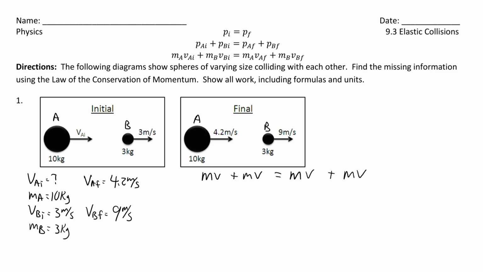And now we want to be organized because it's just mv plus mv equals mv plus mv. We want to be a little organized and write in our subscripts. So this is for A. This is for B. This one is for A. And this one is for B. And we want to specify that this is the initial velocities on this side of the equation, and this is after the collision, the final velocity.